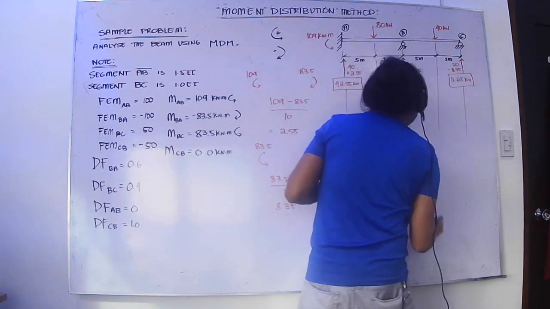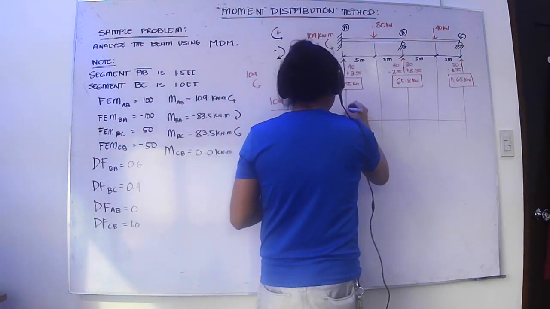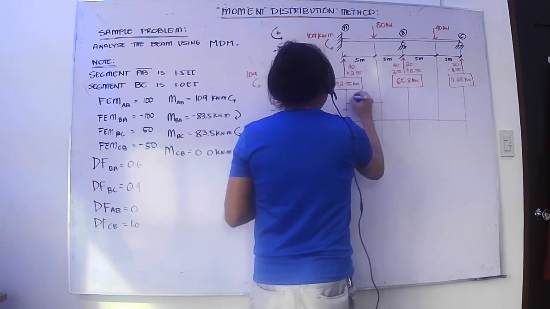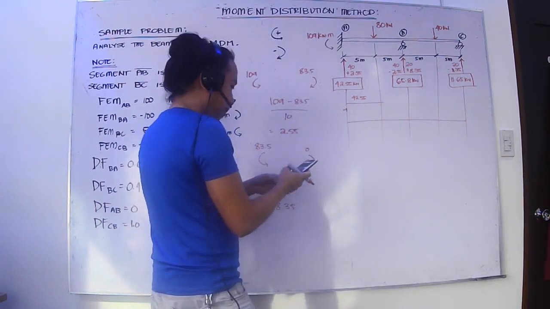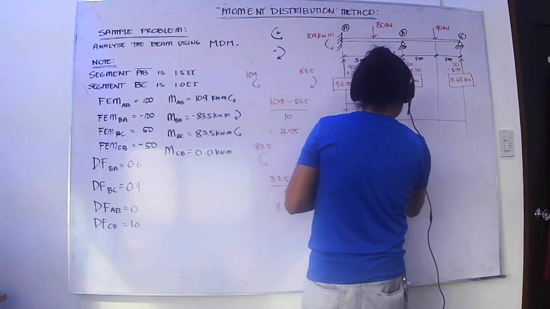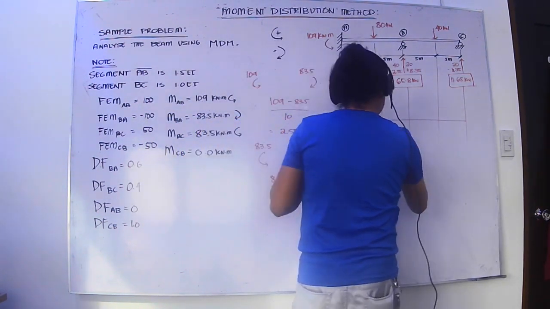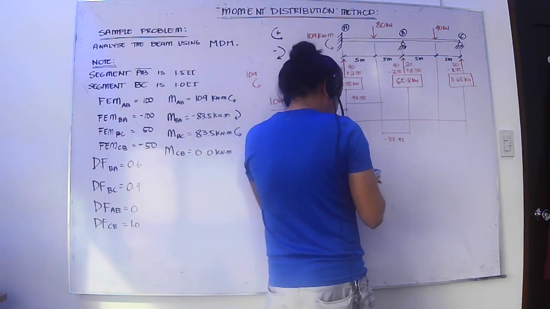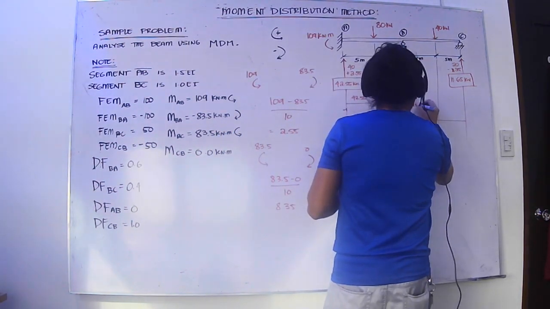We have 42.55, with no load. Upon reaching the 80 kN load, 42.55 minus 80 gives negative 37.45. Plus 65.8, we have 28.35.